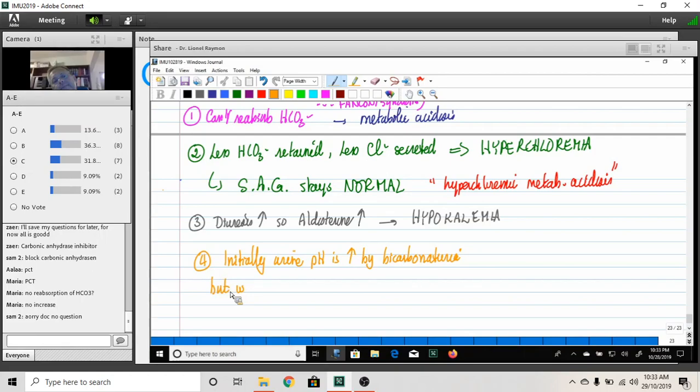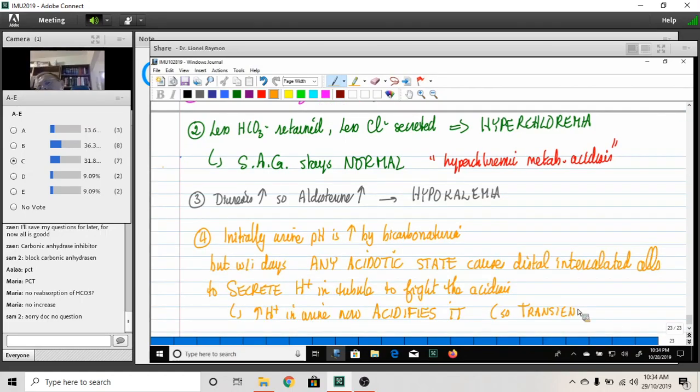Of course, the increased proton in the urine now acidifies it. So obviously, the increased pH of the urine is only transient. So there is only transient alkaline urine.